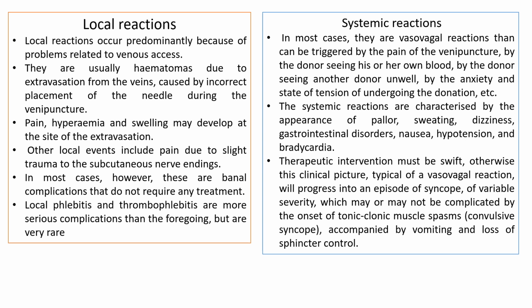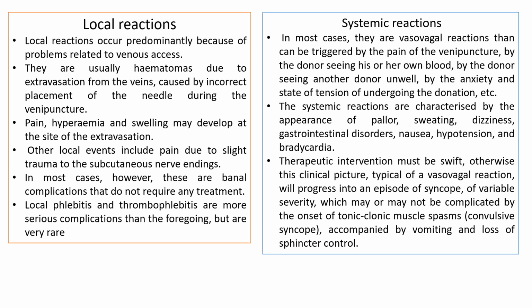This can lead to pain, hyperemia, and swelling mainly developing at the site of the extravasation. Other local symptoms can be pain due to slight trauma. In most cases, however, these are basic complications which don't require any treatment. Local phlebitis and thrombophlebitis are more serious complications that can occur but very rarely.